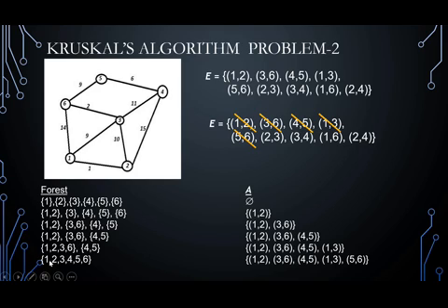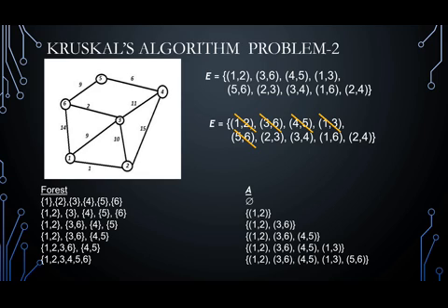Perform a merge in the forest. So you get 1, 2, 3, 4, 5, 6, a single set. Because you have arrived at a single set in the forest, you have finally arrived at the solution. And this is your solution tree: 1, 2, 3, 6, 4, 5, 1, 3, 5, 6.